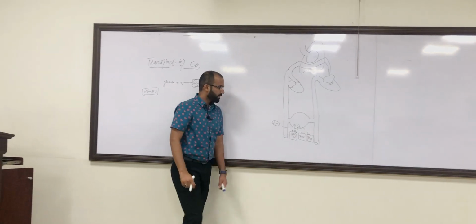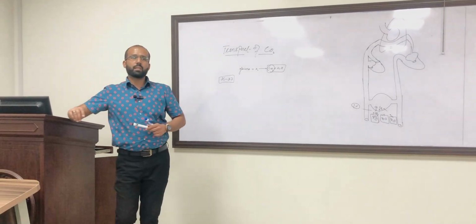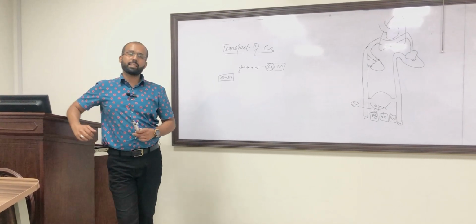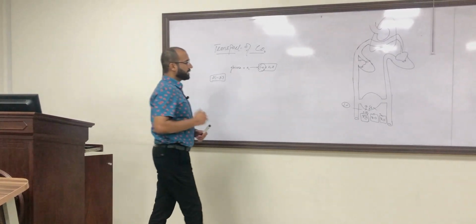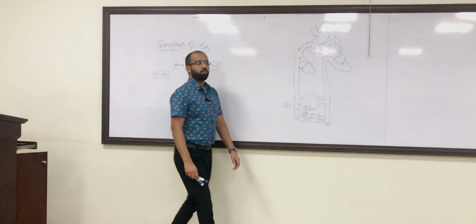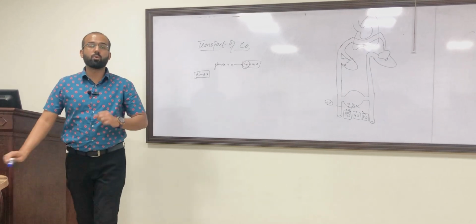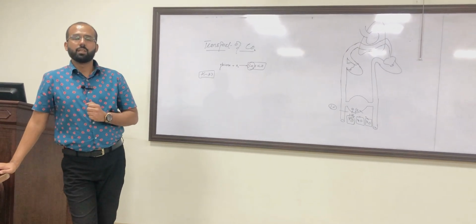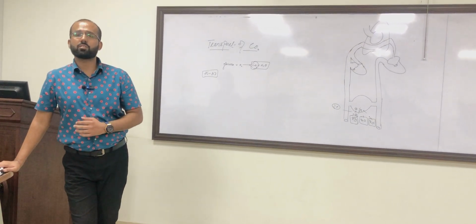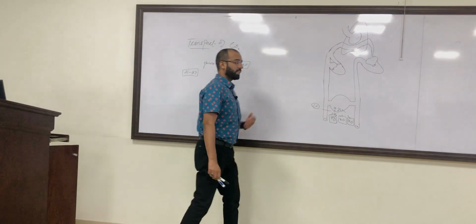Now, whatever carbon dioxide is produced in our body has to be eliminated through the respiratory passage. We should know that carbon dioxide is more soluble than oxygen, but not all the carbon dioxide is eliminated in the dissolved or gaseous form.